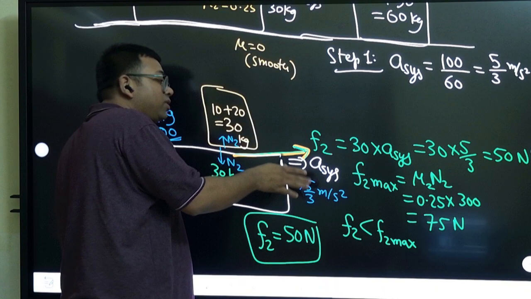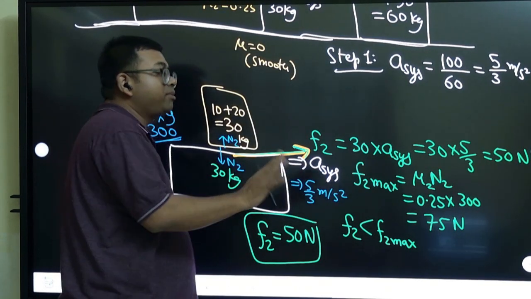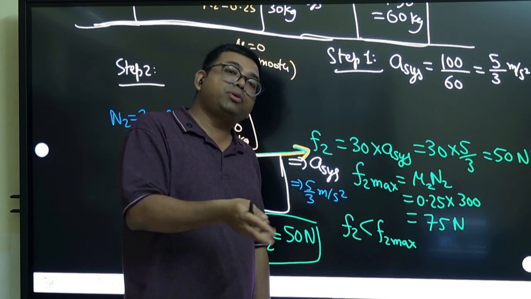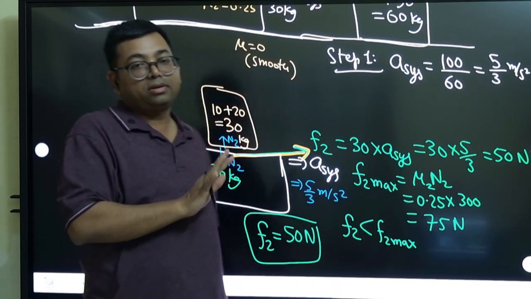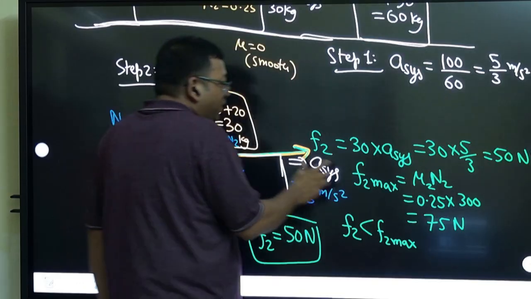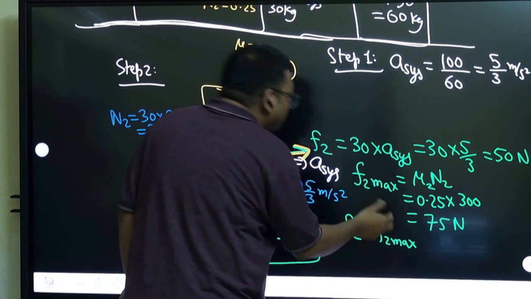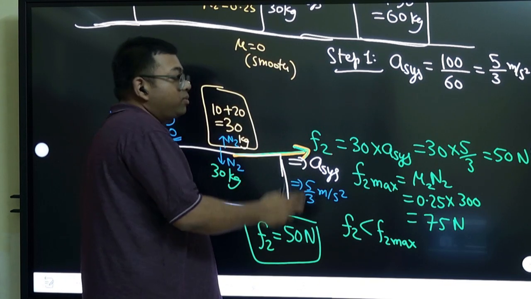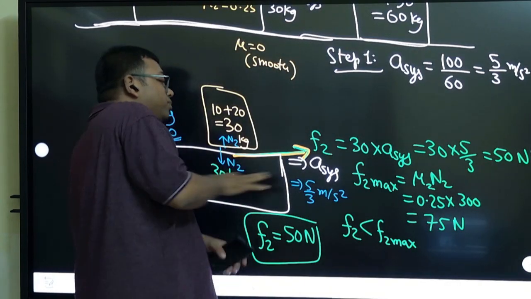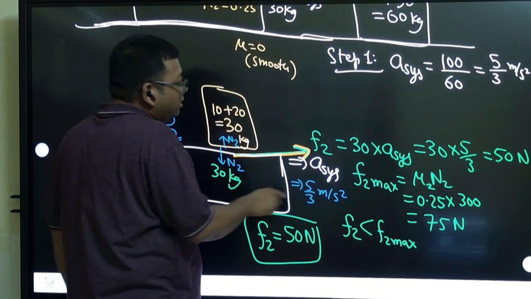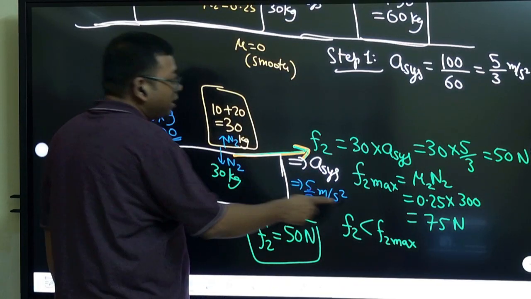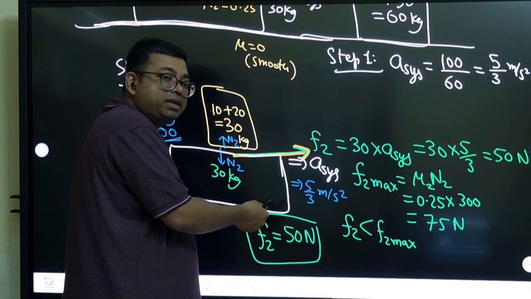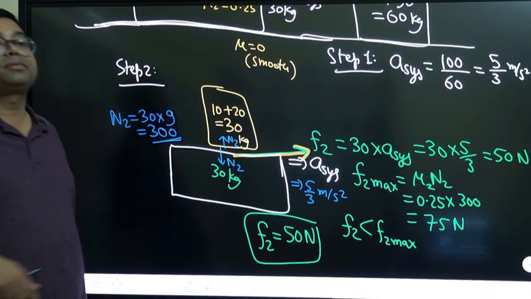That kinetic friction you have to use, because they have not told here mu k, mu s, they will not give. Whatever mu is, that is mu k or mu s. So what you are calculating as maximum is the maximum friction, because F2 cannot be greater than that. Sliding is going to happen at this surface. So here maximum friction will be acting, then acceleration will be 75 by 30. You have to take acceleration as 75 by 30, correct?